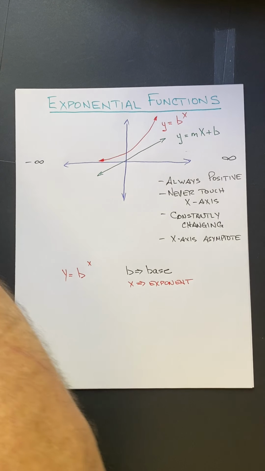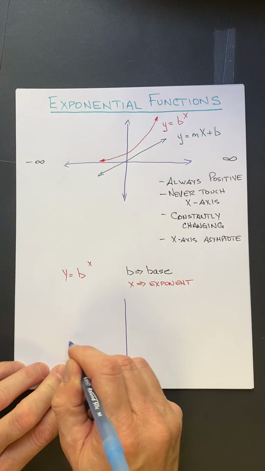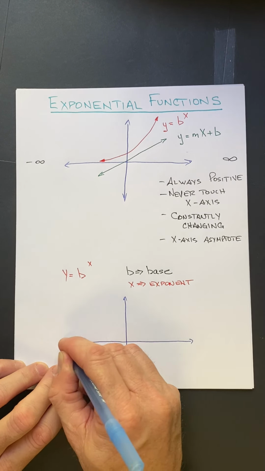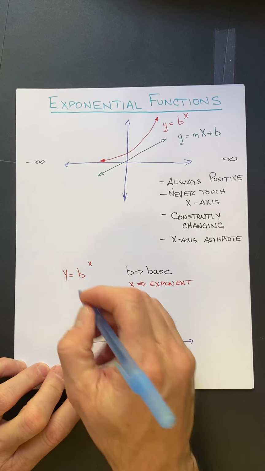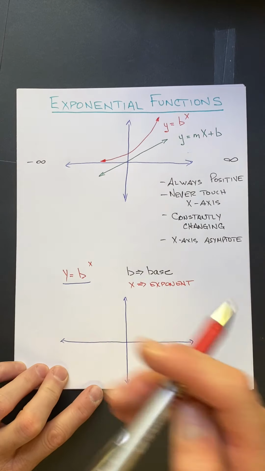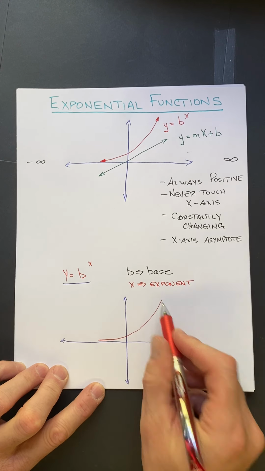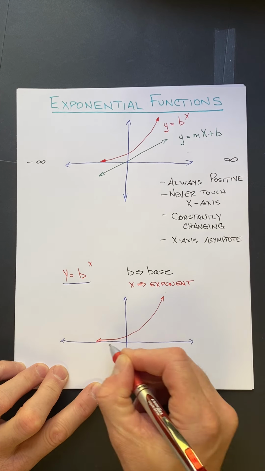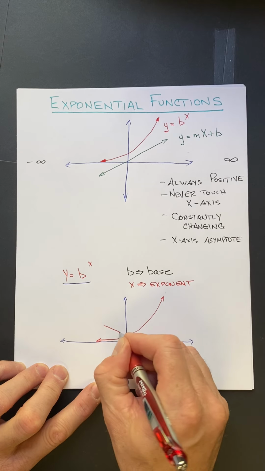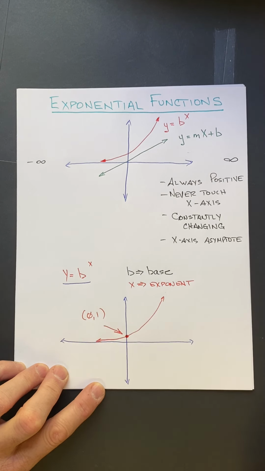So something else we're going to add to our criteria for an exponential function, now that we have this formula, is that this point right here is the point 0, 1.